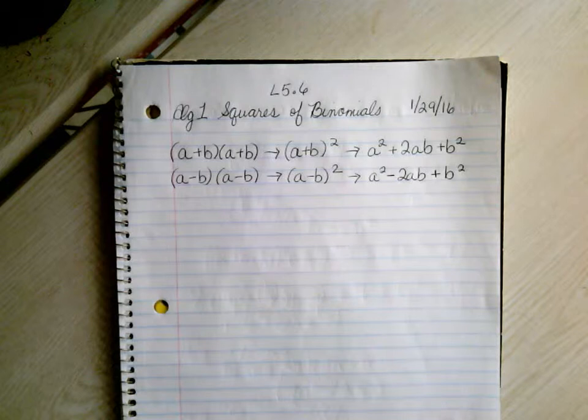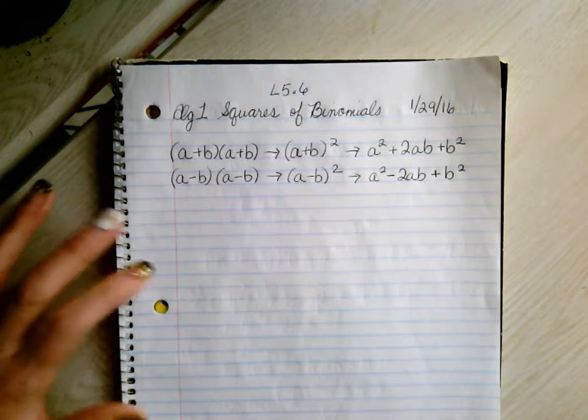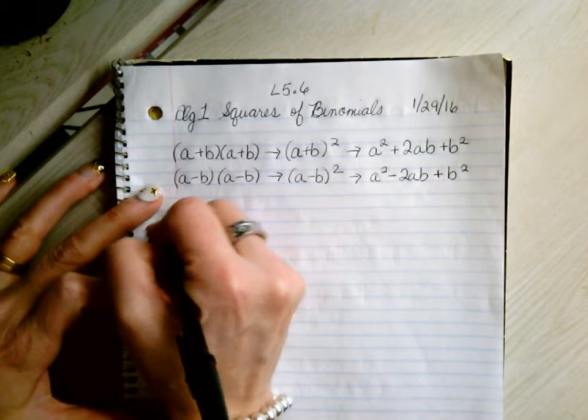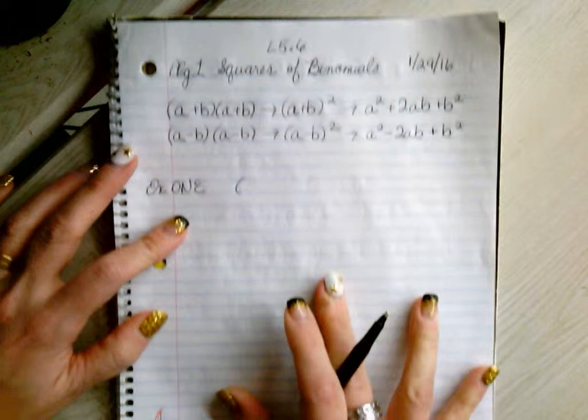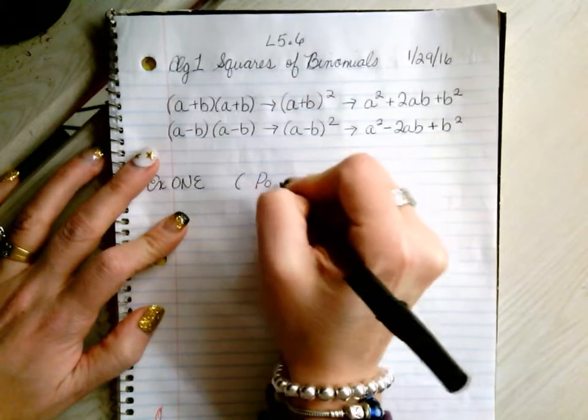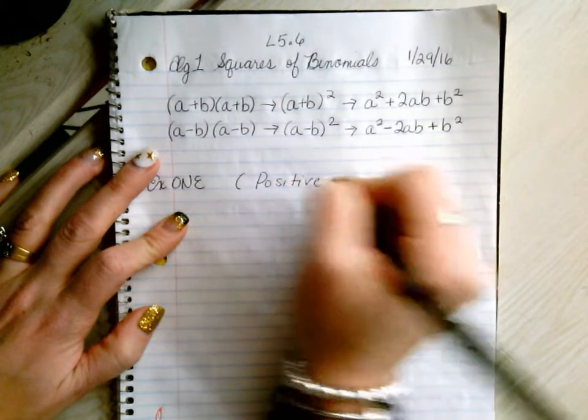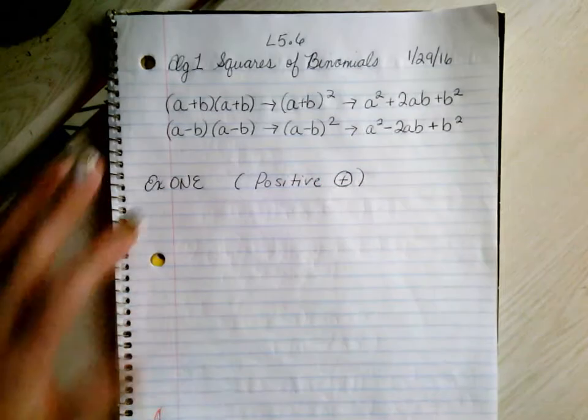I'm going to work through these with you. First, I'm going to practice some positive ones. I might get back to the book. I don't know. We'll see. So this is example 1, but I am going to do positive ones first. So the addition symbol.